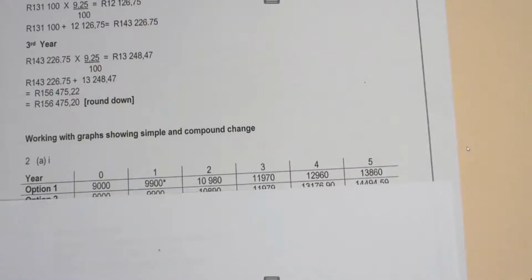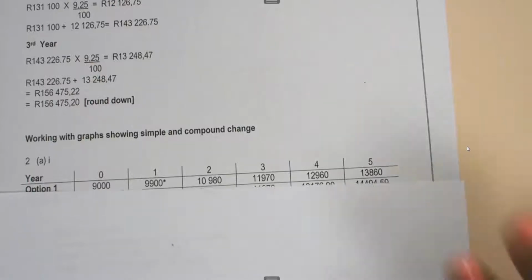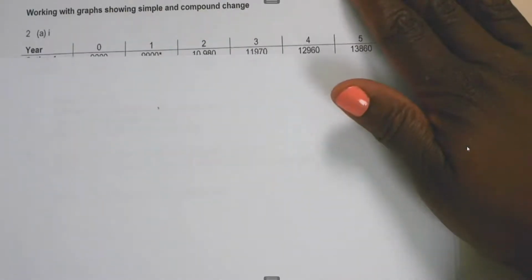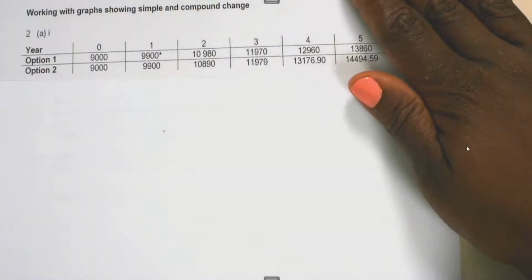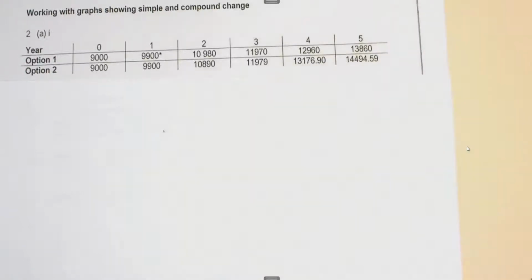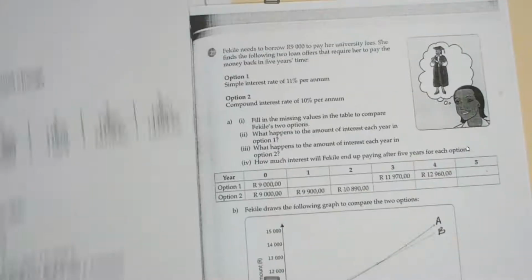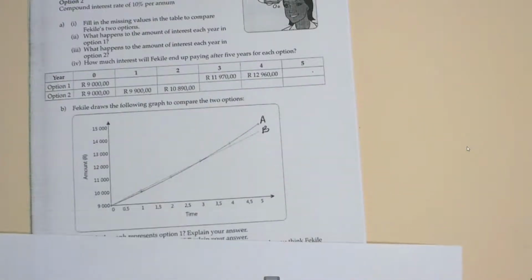So when we look at the first part, where we deal with the questions, we have the question where we must be able to fill in the gaps in our graphs. So when we fill in the gaps in our graphs, we have the question where we talked about Fikile.